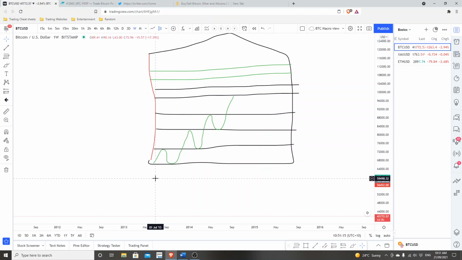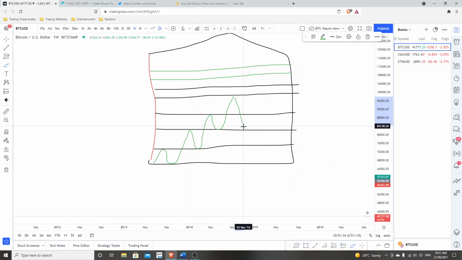So support and resistance, floors and ceilings. What was once a ceiling turns into a floor when you're above it. Same on the opposite. Which was once a floor, once you come underneath, now turns into a roof, ceiling, resistance.